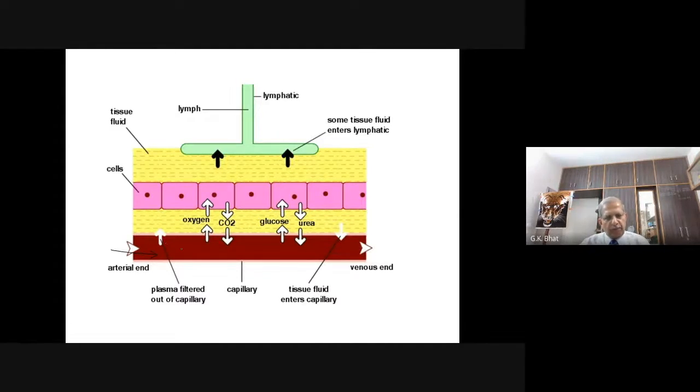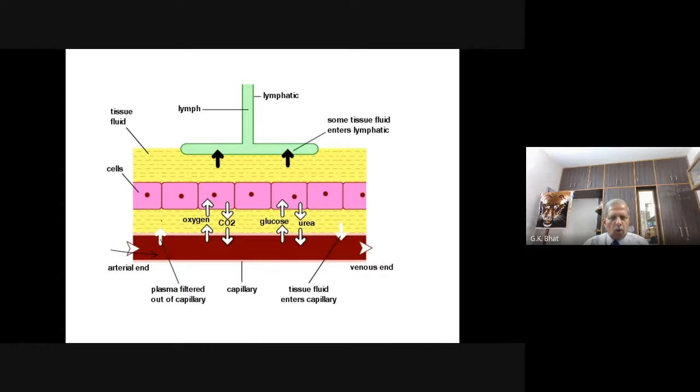Whenever this blood capillary brings the blood to the tissue, much of the water content of the blood capillary, with the exception of the red blood corpuscles, white blood corpuscles, blood platelets, and larger proteins, that is, with the exception of the formed elements, meaning the remaining is plasma, moves out into the space surrounding the tissue, and this is known as tissue fluid.